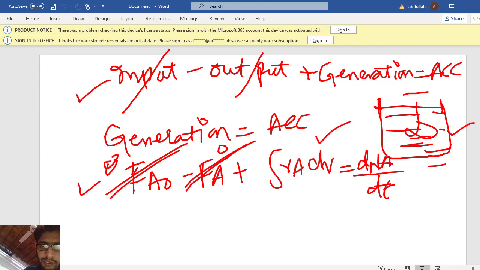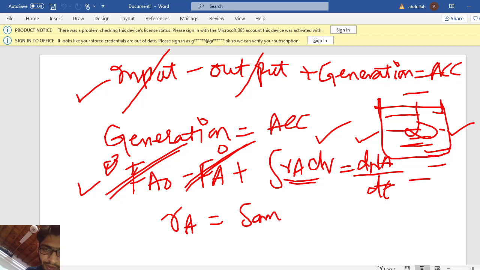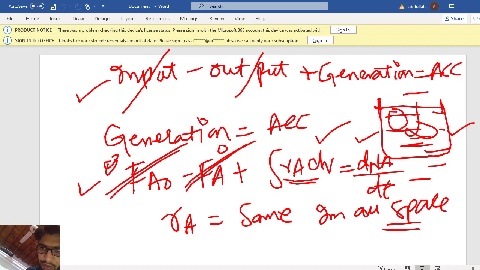Now the generation of component A is equal to the accumulation of component A. In a batch reactor there is one assumption: the rate of A is the same in all space. There is no spatial variation. The rate of A in this space and in that space will be equal.